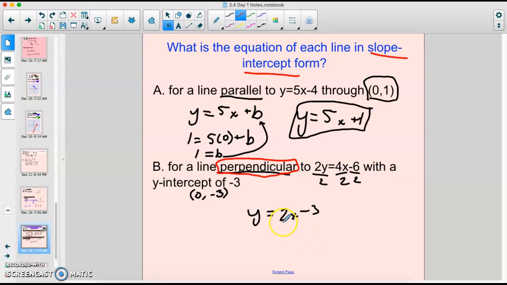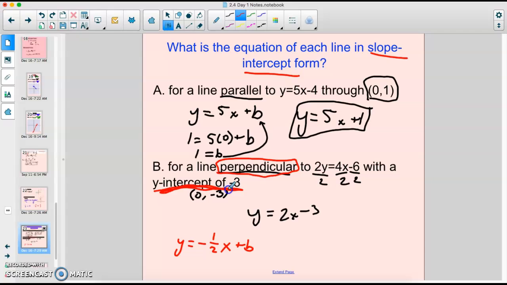Okay, so first let's deal with the slope. The perpendicular slope is opposite reciprocal, and so our new slope would be negative 1/2, right? We change the sign and we flip the fraction. x plus b. Now on the surface, we don't know what b is, but then we come to realize, well, hey there, it tells us that our y-intercept is negative 3.